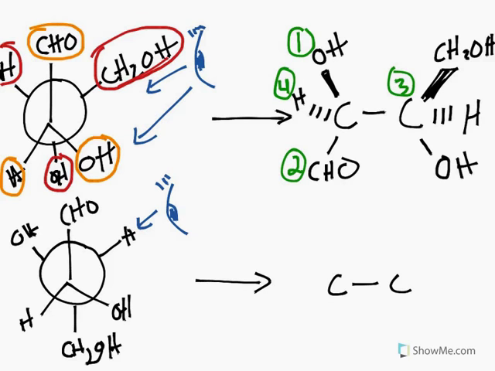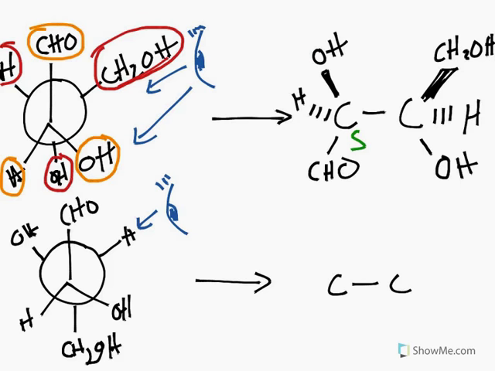Okay, and then so doing R and S, we can very easily assign R and S here because the hydrogen is already in the back, and because, as you can tell, that is a counterclockwise motion, and because of that, that leaves us with this as an S. That's an S right there.